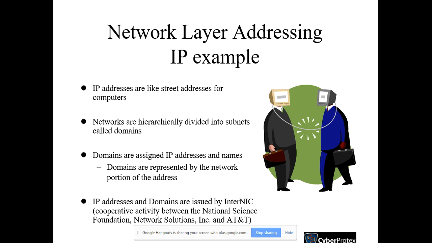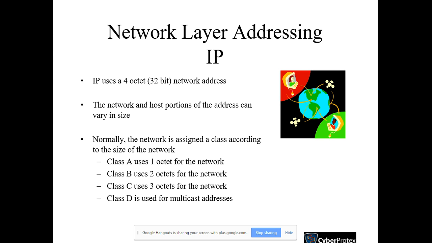But most of the customers that we come in contact with are still using IP version 4. So, and specifically, we'll talk about that here on this slide. So with IP version 4, it's 4 octets or 32 bits a network address.